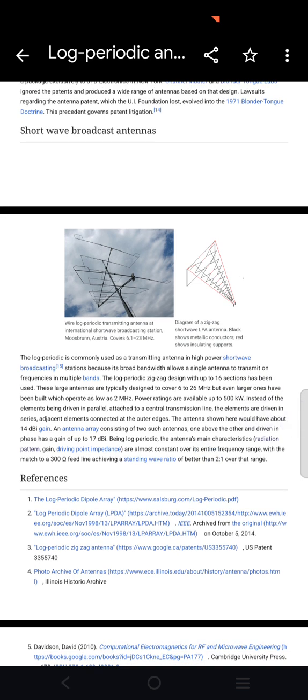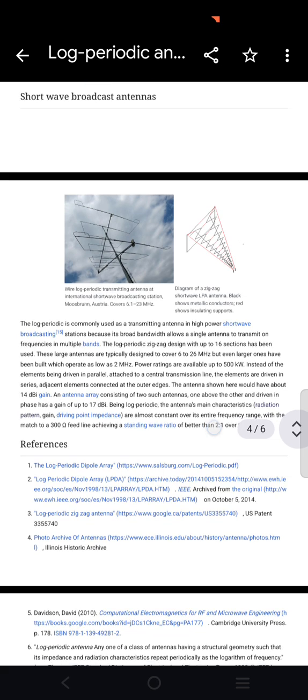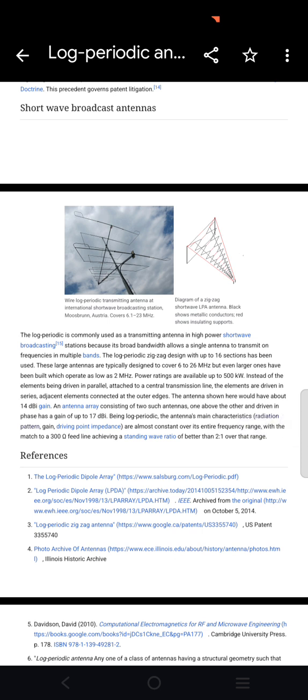Next one is the shortwave broadcast antenna. The first image shows a log periodic transmitting antenna at the international shortwave broadcasting station located in Moosbrunn, Austria, which covers 6.1 to 23 megahertz.